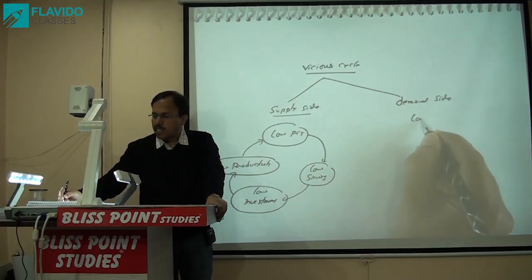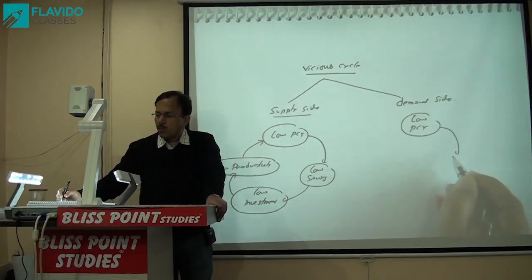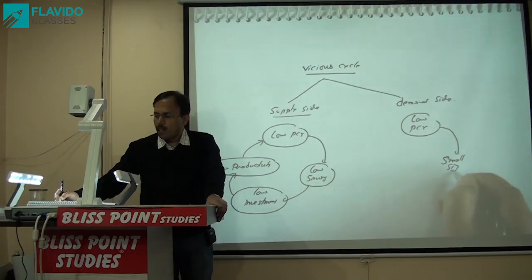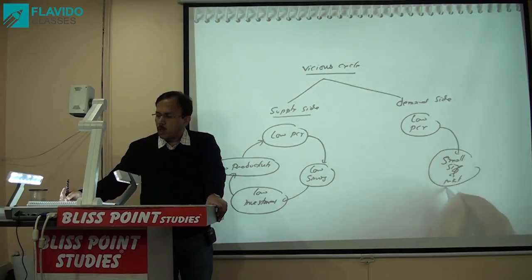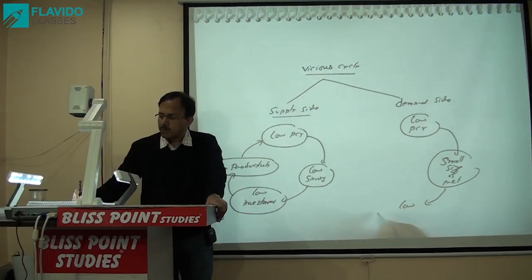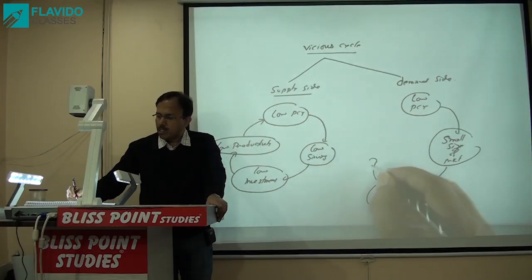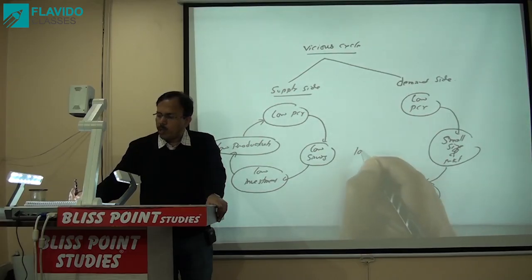And on the demand side, it says that when per capita income is low, what is the size of the market? Small size. Now, a small size of market means there is low inducement to invest. With low inducement to invest, there will be low investment.